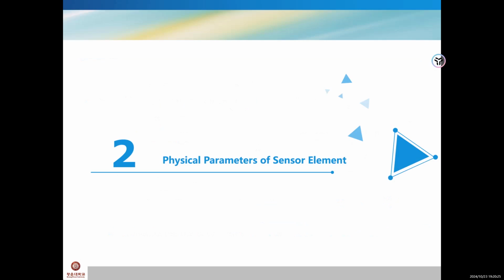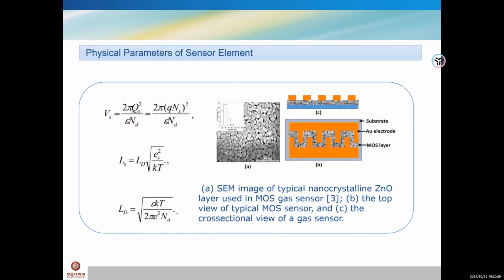Title 2. Physical parameters of sensor element. There are three equations. On the left is something related to the sensor element, and there is an image on the right.